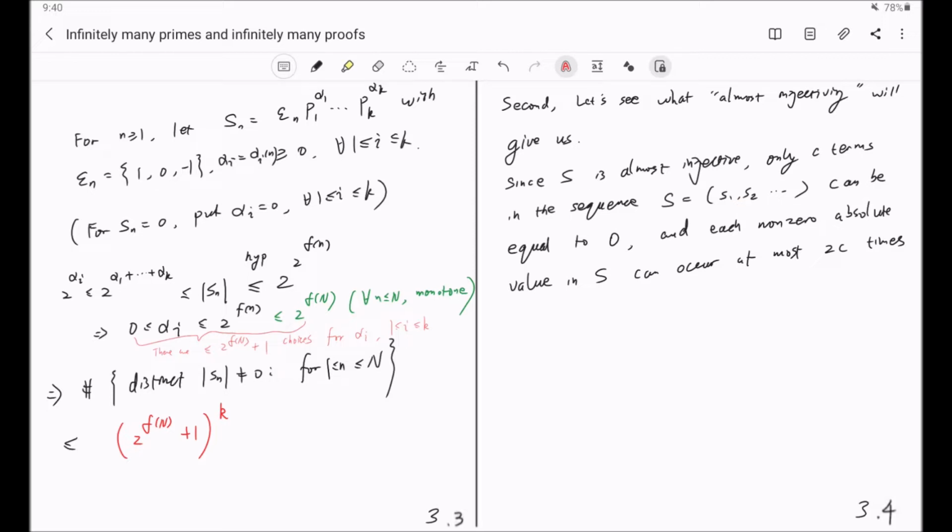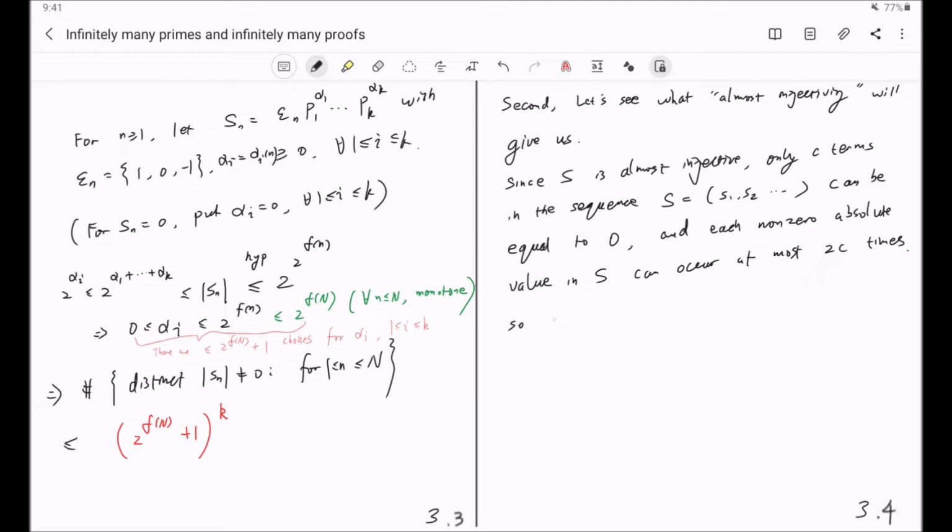For zero value, it can occur at most C times. For non-zero value, we'll take the absolute value of elements. It can occur at most 2C times, because we are combining the positive or negative values. So there'll be at most 2C times.